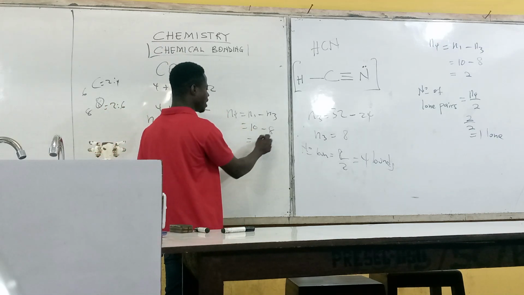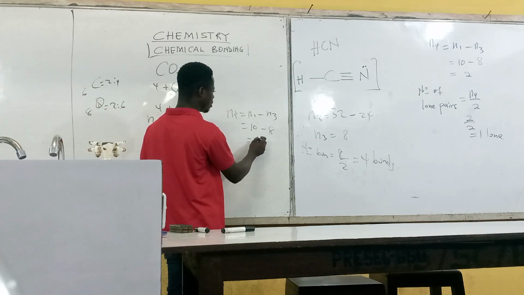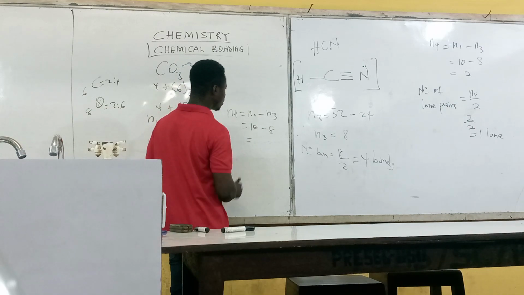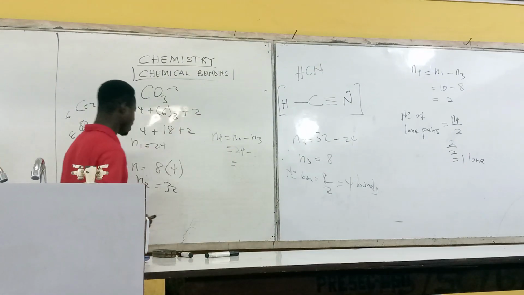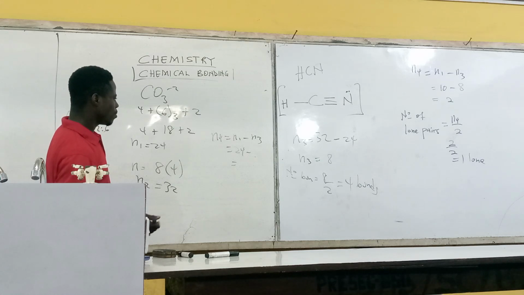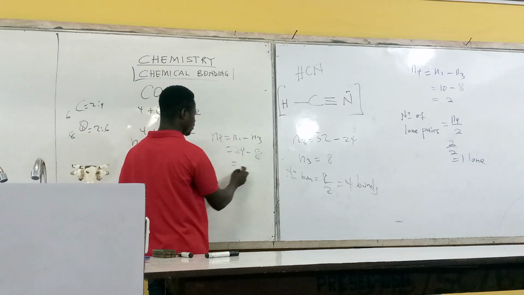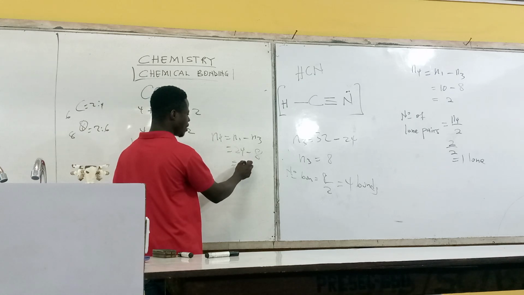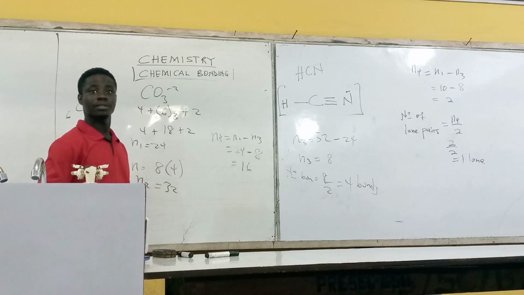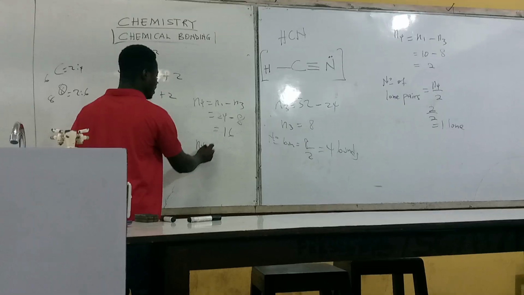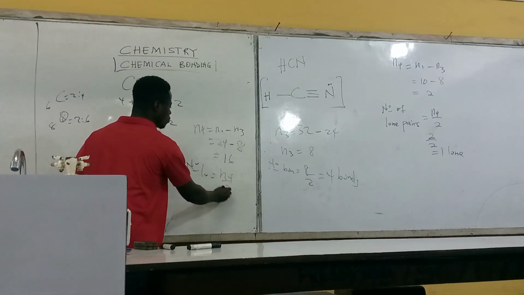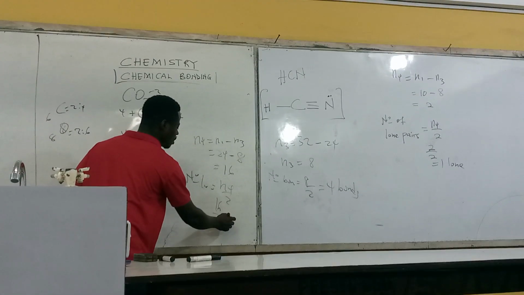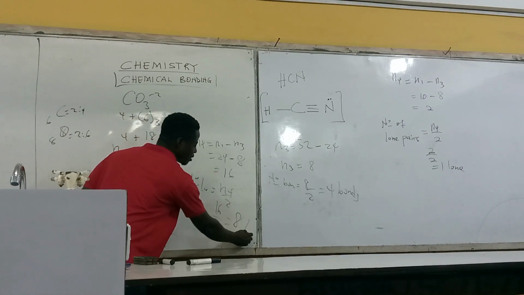So 24 minus 8 is giving us 16. We said number of lone pairs is equal to N4 divided by 2. So 16 divided by 2 will give us 8. 8 lone pairs.